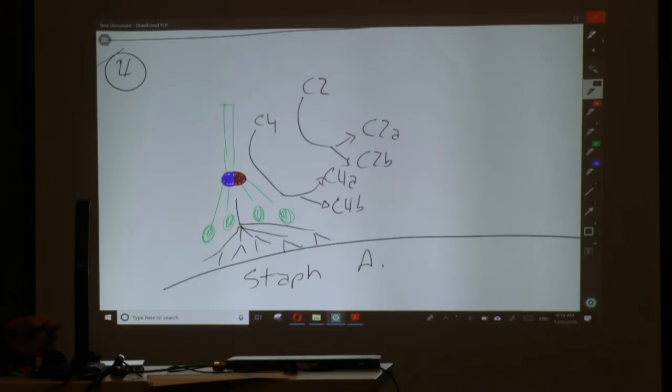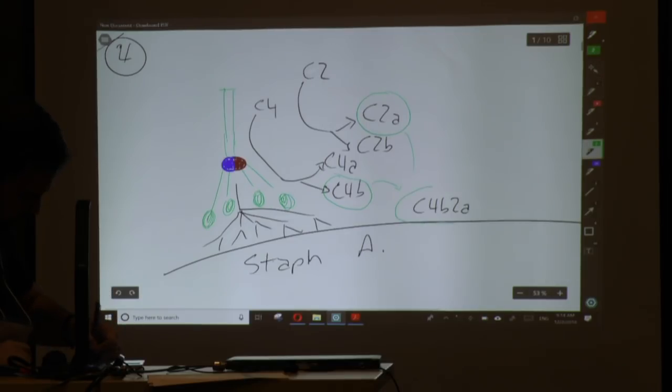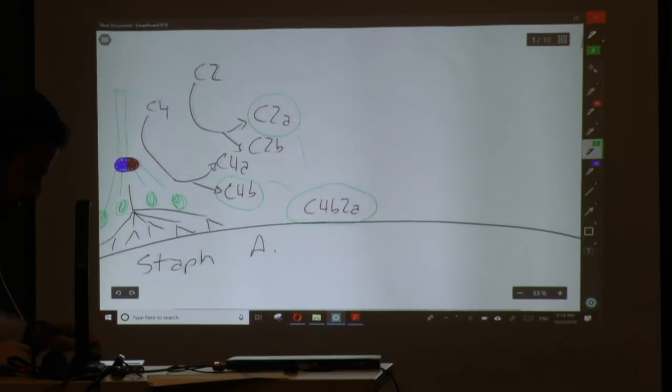And then what makes the convertase, the C3 convertase of the classical pathway? C4b2a, right? So then you're going to have C4b and then C2a coming down, and they form C4b2a, which is the classical convertase, right?